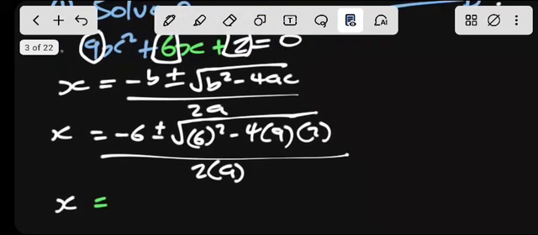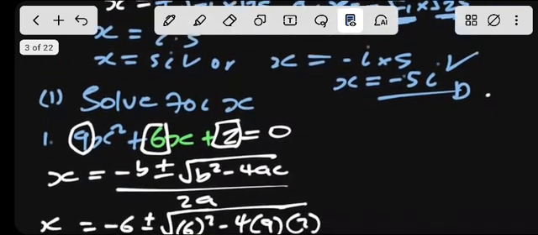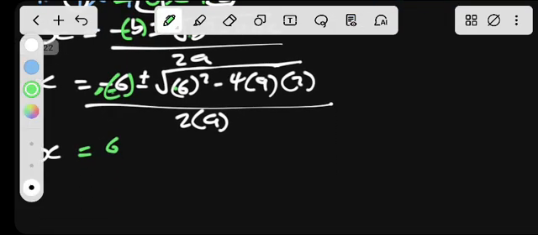Let me be careful here, guys. Sorry, initially we were given minus, not positive. So that means here we'll have minus b, simply minus b. But anyway, if you substitute minus, it won't affect anything. If you multiply minus by minus it will be 6 plus or minus.